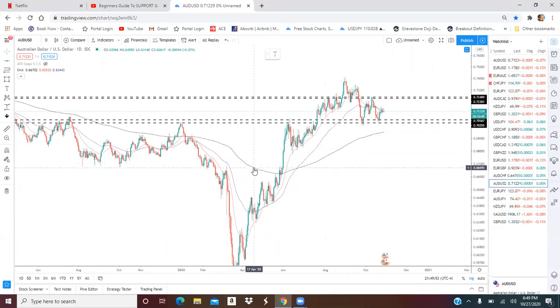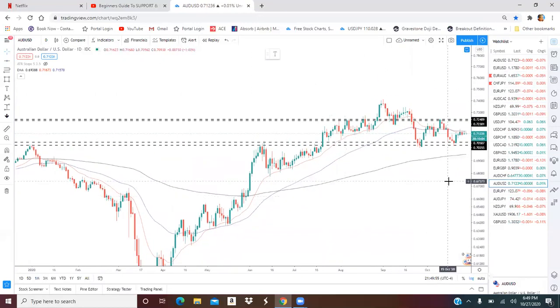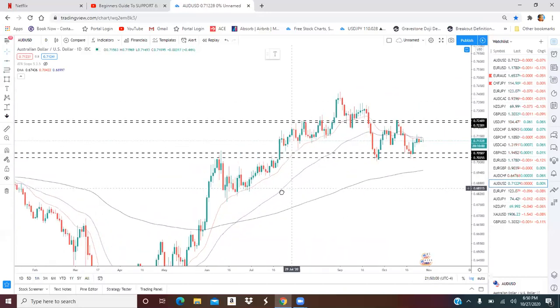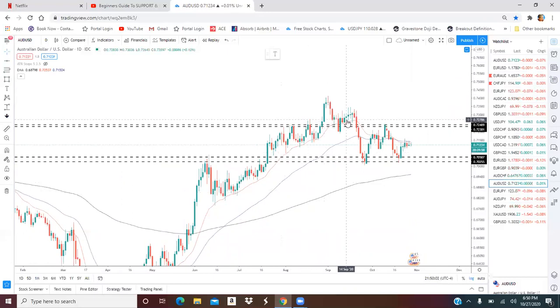We have a huge candle that breaks through this level finally. So as price goes to this level, goes up, comes back down, and it stops right here. This is where resistance over here becomes support over here.